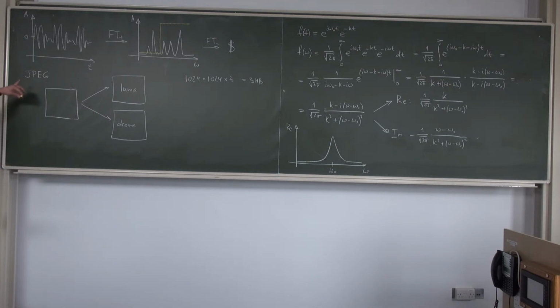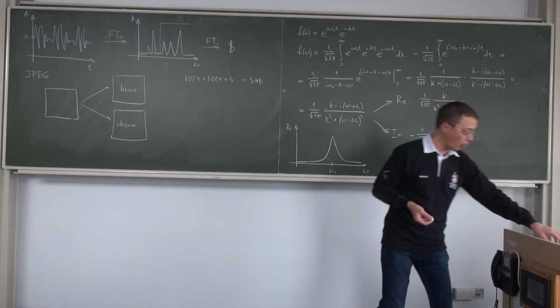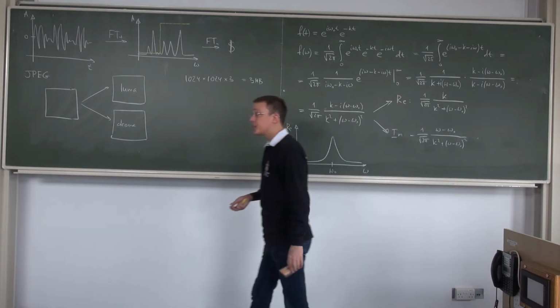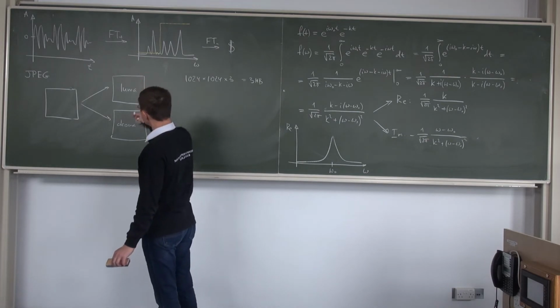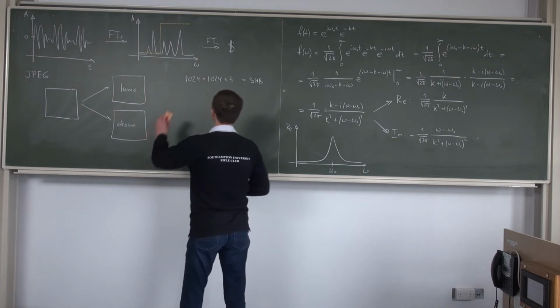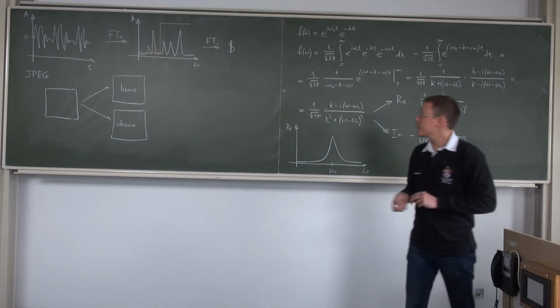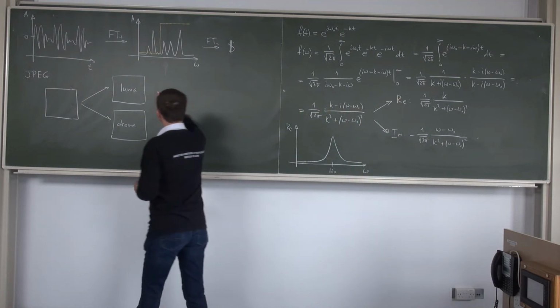And so what JPEG then does is it makes a Fourier transform of these images, but in both directions. So it takes the integral along the columns, and it also takes the integral along the rows, the so-called two-dimensional Fourier transform. And the result is a two-dimensional frequency table.